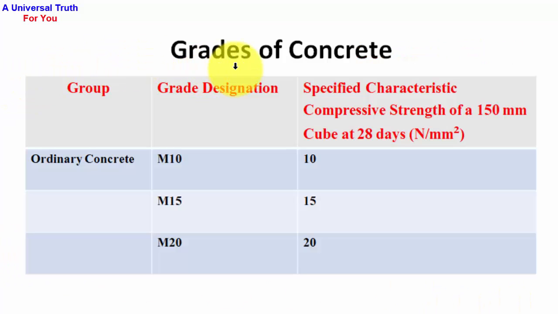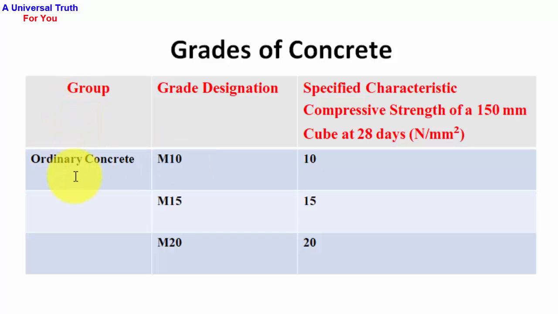Look at this table. This is a table of grades of concrete. In it, the first column is group, the second column is grade designation, and the third column is specified characteristic compressive strength of a 150 mm cube at 28 days in Newton per mm square unit.